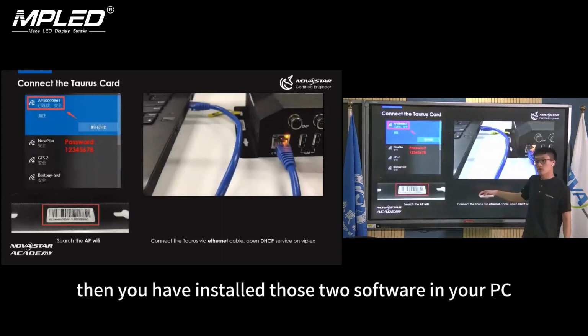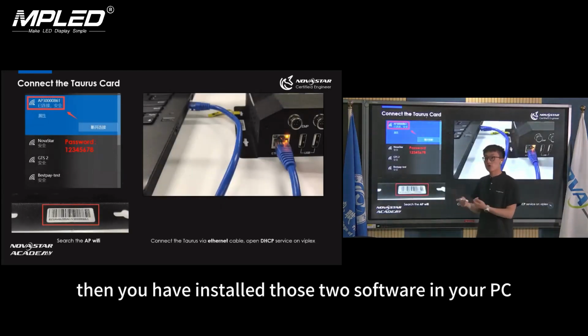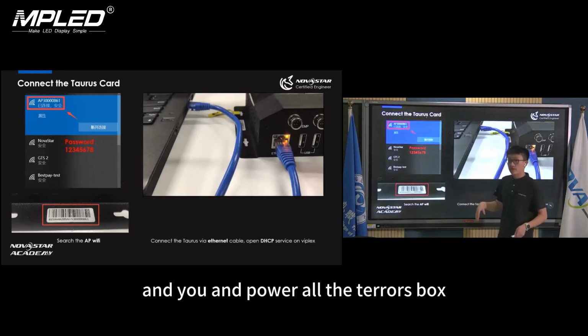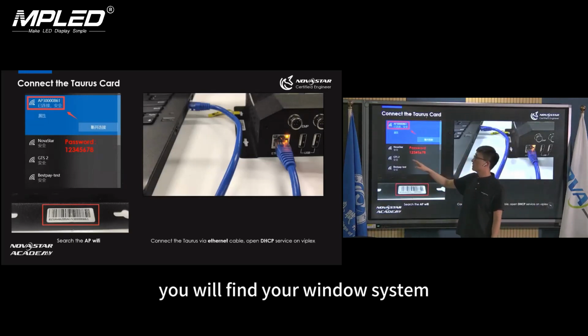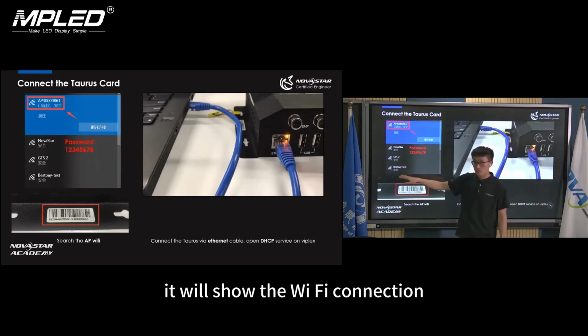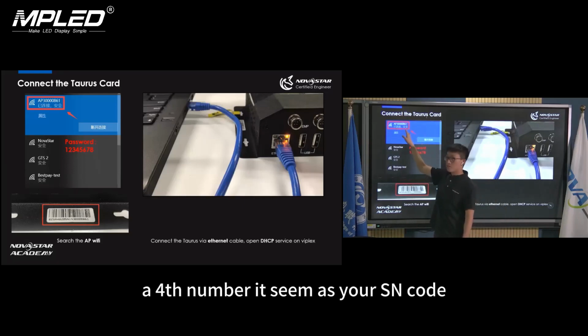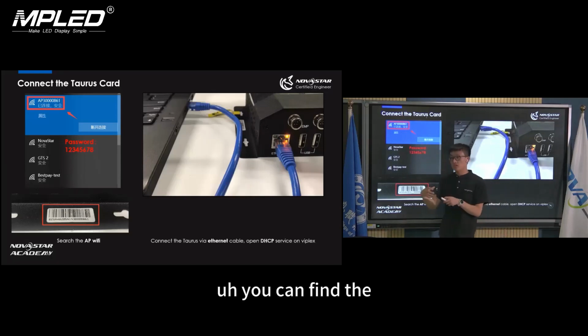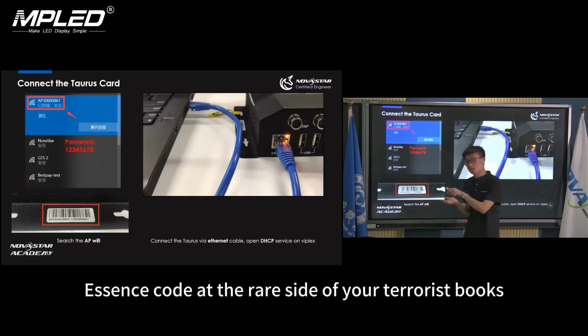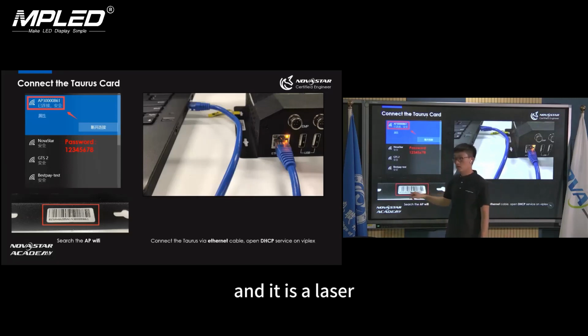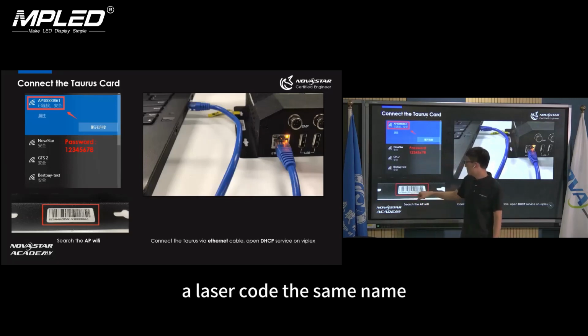And after you have installed those 2 software on your PC, and you power on the Taurus box, you will find in your Windows system it shows the Wi-Fi connection. Choose the one with a name that starts with AP and ends with four numbers that are the same as your SN code. You can find the SN code on the rear side of your Taurus box, and it is a laser code, the same name.